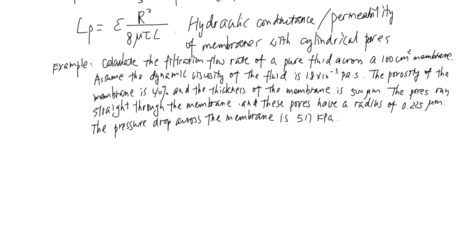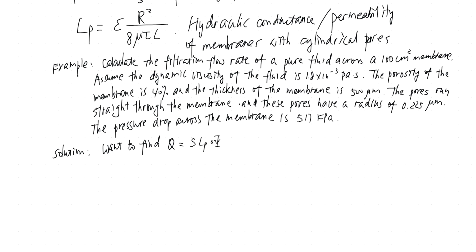In order to find the Q, you need to know the membrane conductance. So let's first find it. We want to find Q. Q is S L_P delta psi.